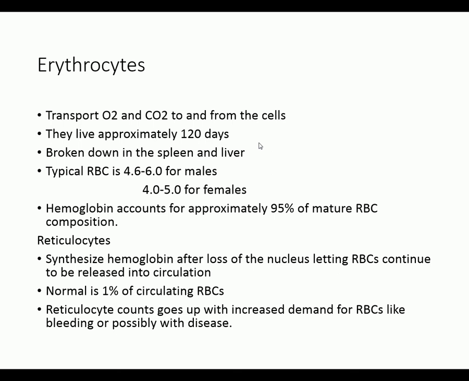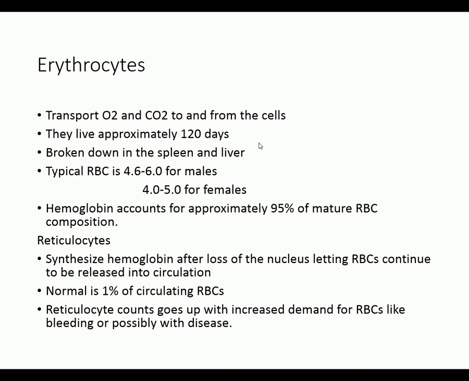Let's think about this for a minute. So the more oxygen the tissue needs, the greater the production of red blood cells in the body to answer that oxygen demand you're going to see.